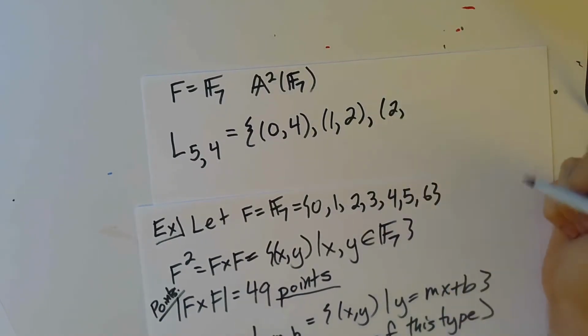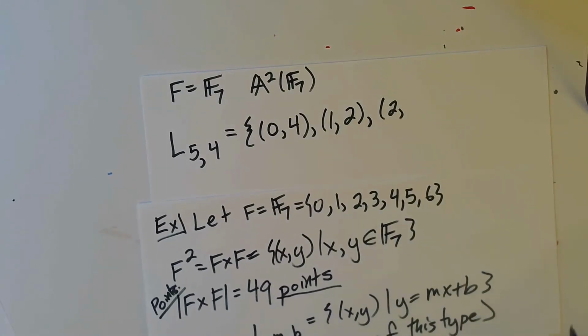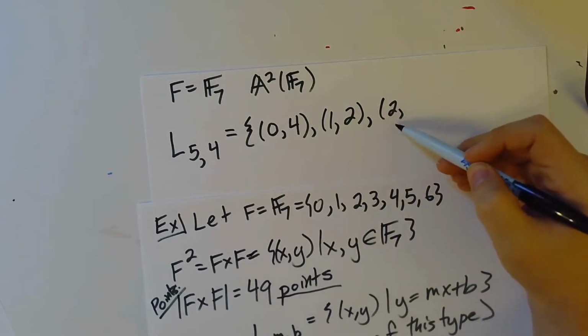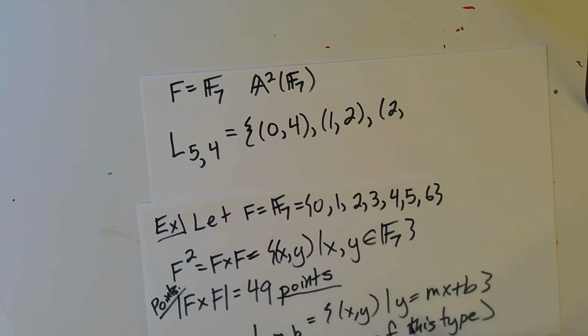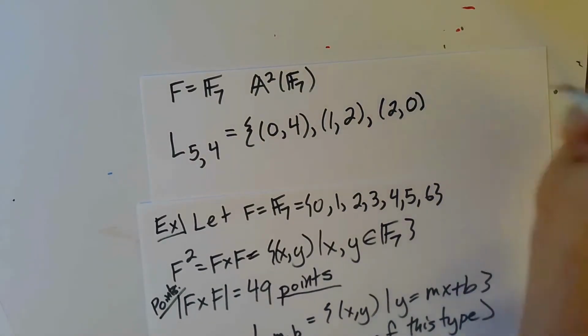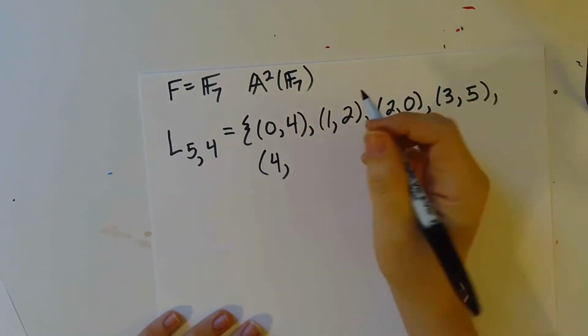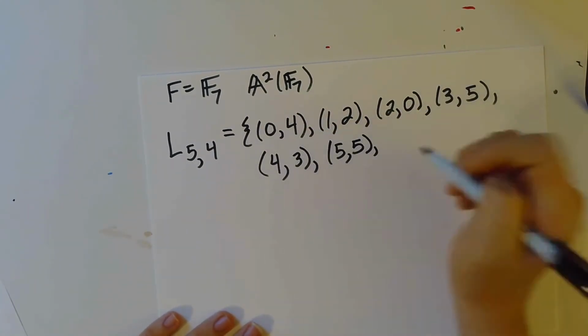I'll do one more of these, and then I'll just fill in the rest. For x equals 2, I get y equals 5 times 2 plus 4, which would be 14, which is 0 in F7. I'll go ahead and just fill in the rest of these for you.